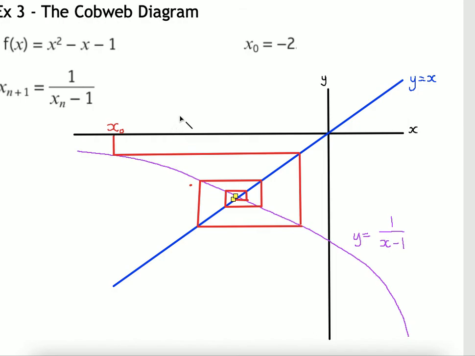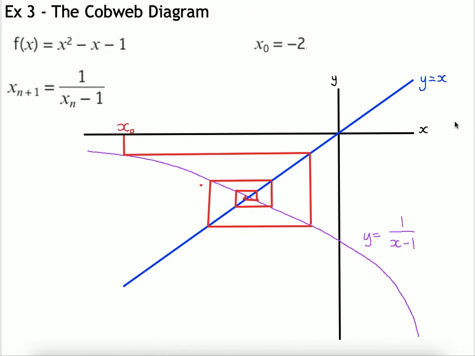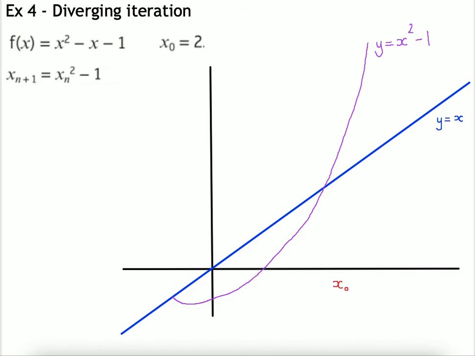Okay, again, this is for a convergent iteration, and that will be pretty obvious when that is the case. And then finally, what happens if we have another form of iteration and it actually produces a divergent iteration?